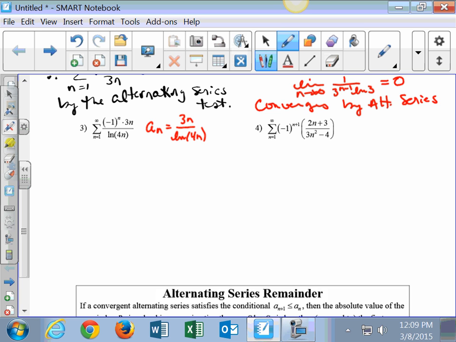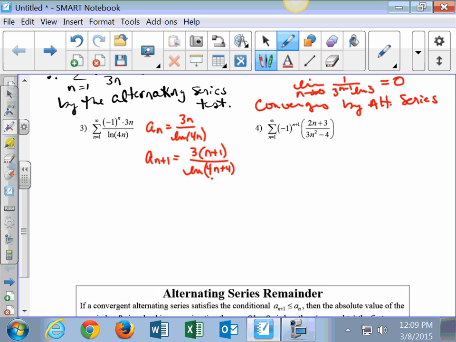And I also have my next term that would be equal to 3 times the quantity n plus 1 all over natural log of 4 times the quantity n plus 1. So that would be 4n plus 4. So those are my two terms I'm going to look at.